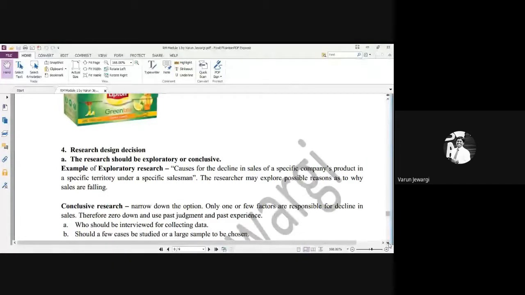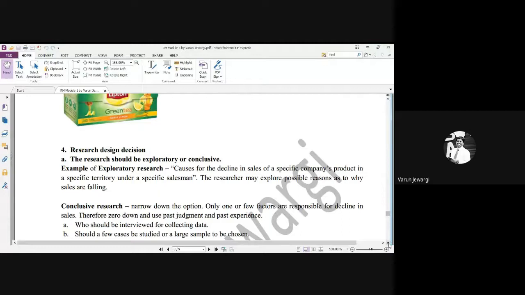Exploratory, when we say, students, is the beginning stage of the problem. Something is happening in the initial stage and the researcher gets to know that there is some problem with regard to your brand or product. Such research we call exploratory research. Let me continue the same example so that it will be easy for you.